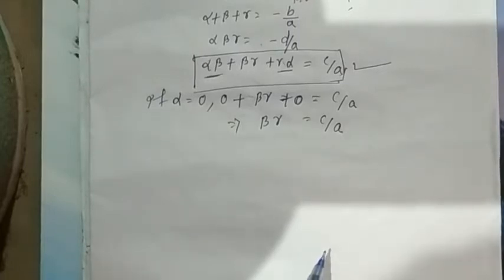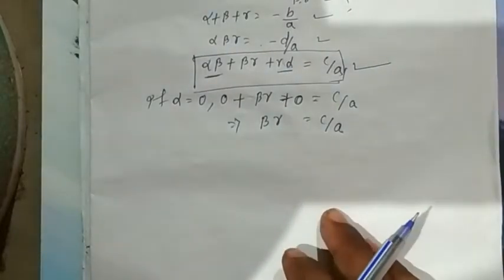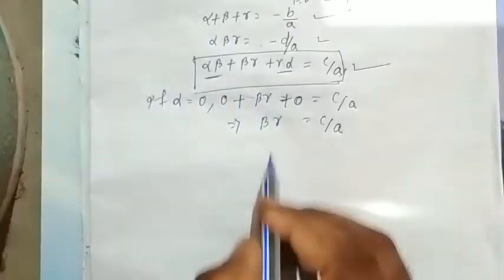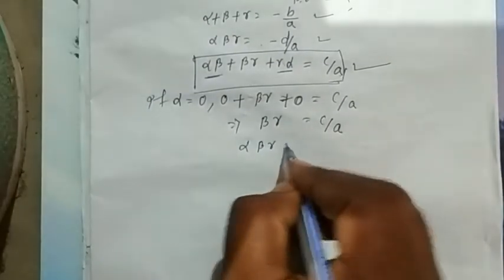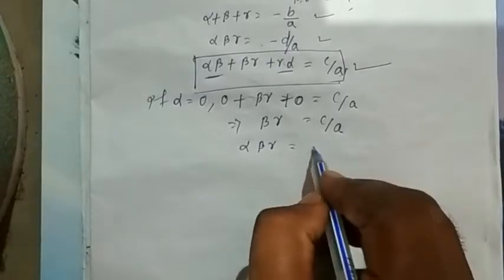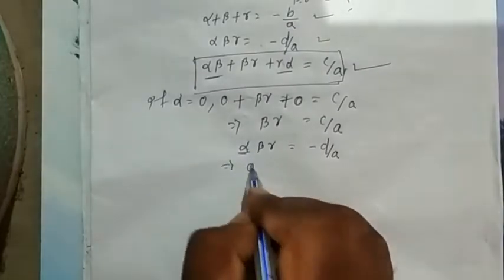Some students may have the doubt, sir, why can't you apply condition 1 and condition 2? Listen carefully. Suppose I apply the second condition, alpha into beta into gamma is equal to minus d by a. Suppose I substitute alpha is equal to 0.